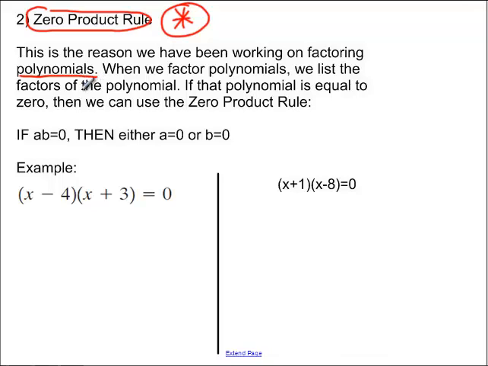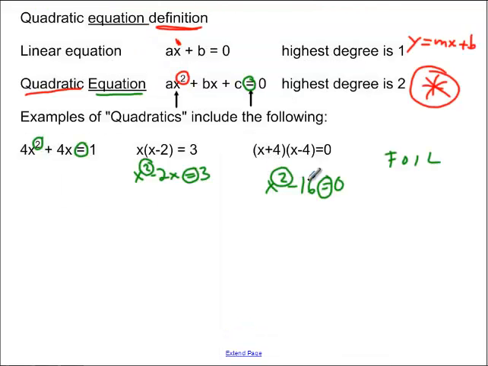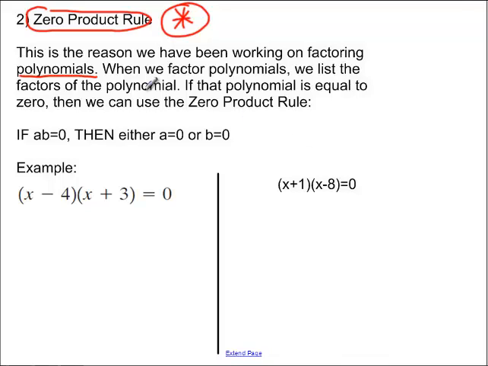How do we factor that? Well, it's factored already. How do we factor something like x squared minus 16 in the previous slide? It was x plus 4 times x minus 4. And we've kind of gone from here over to here without the equal sign. This section introduces the equal sign as a way to introduce quadratic equations.